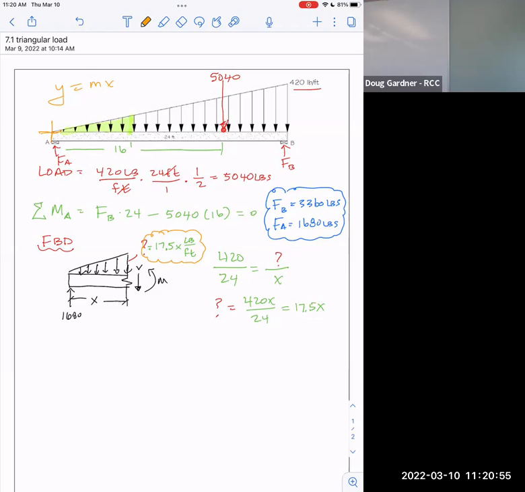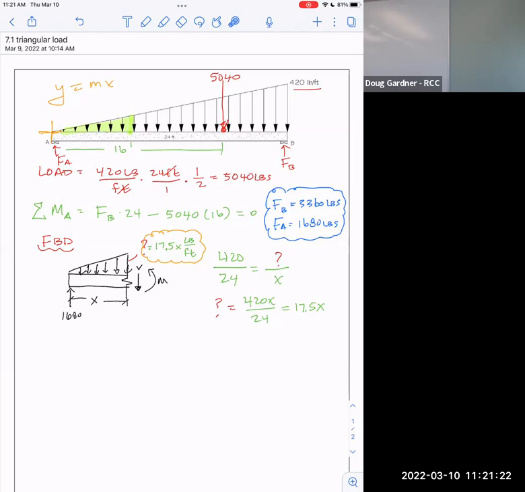Now, armed with that, what did we just do a second ago to replace all of these millions of arrows with just one? Didn't we take 420 times 24 and then divide by 2, and that gave us the 5040? Well, is it any different here?